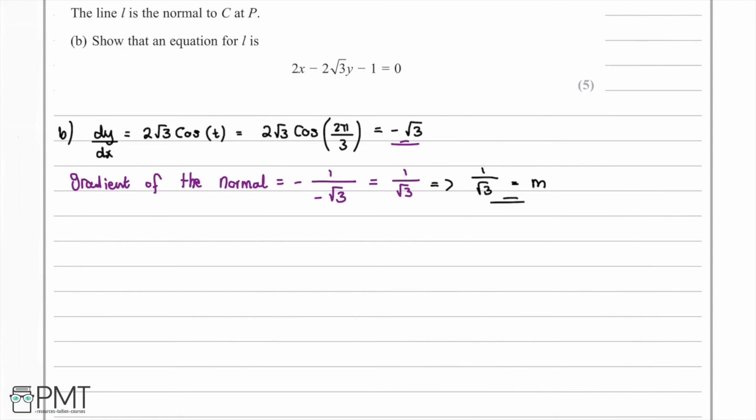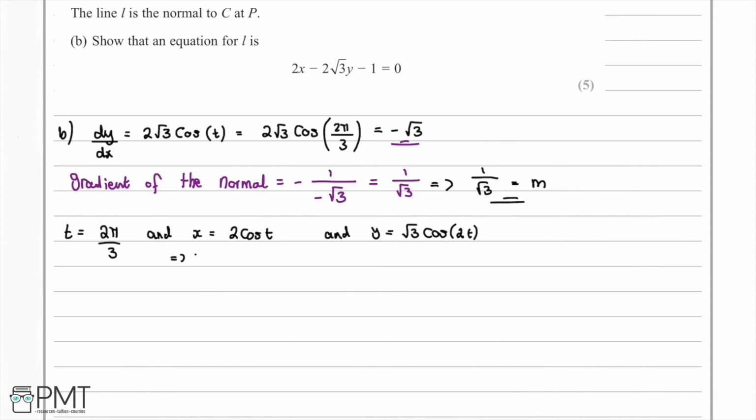The next thing to do is we recall that t is given as 2 pi over 3, and we know from the question that x is equal to 2 cos of t, and y is equal to root 3 cos 2t. So we can take this value for t and substitute it into our two equations. This will give us an x coordinate and a y coordinate.